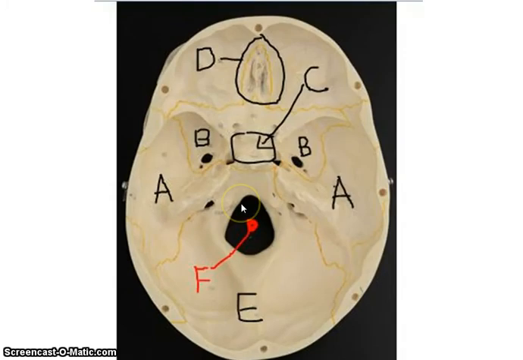Now we're looking into the skull. Anteriorly, we have the frontal bone. Bisecting that is the ethmoid bone. This bone right here is called the sphenoid bone. Looks like a butterfly. In the center of that sphenoid bone is what's called the sella turcica. That's a surface marking for the sphenoid bone.